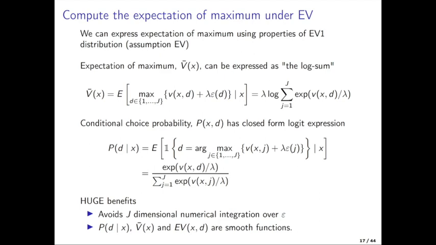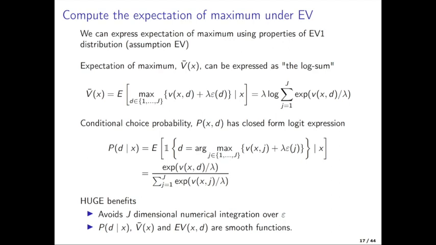The same applies for the conditional choice probabilities, which we'll note P of x and D, which is a closed form logit expression. Sorry, there's a typo here. I prefer this actual notation, but this is the same thing. Okay, so the probability of choosing choice D conditional on x.